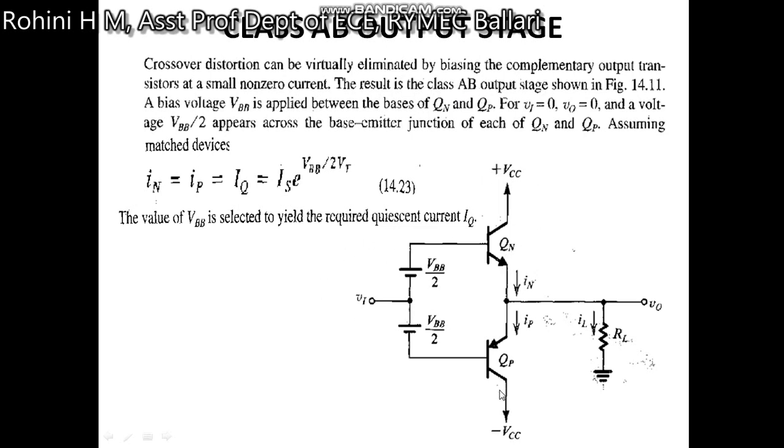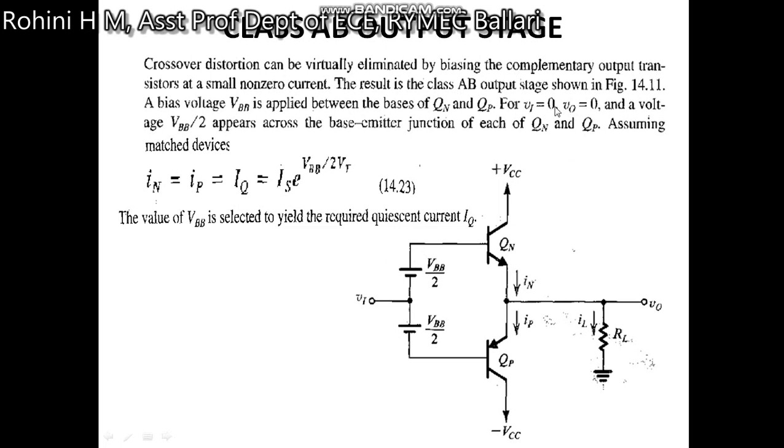So this is the class AB output stage. It is similar to the class B amplifier, with Q1 and QP. Here the DC bias voltage VBB is applied between Q1 and QP.